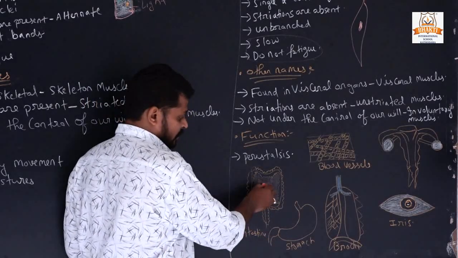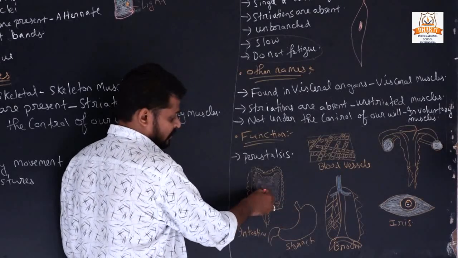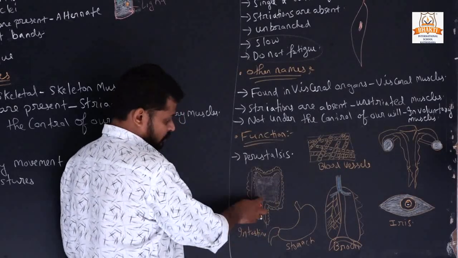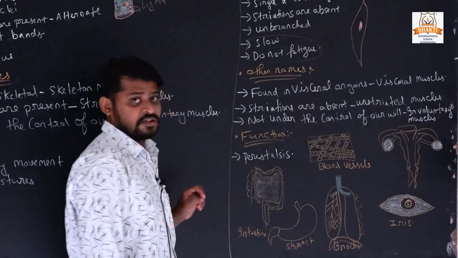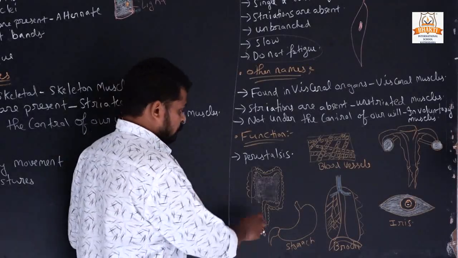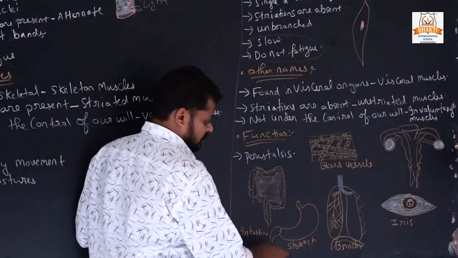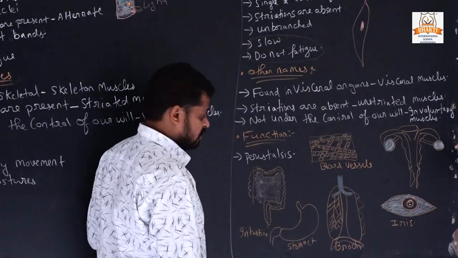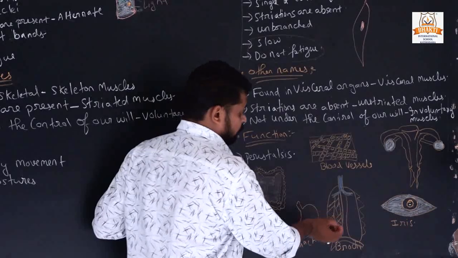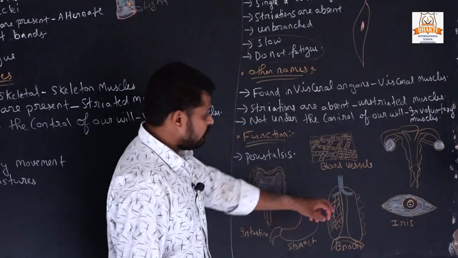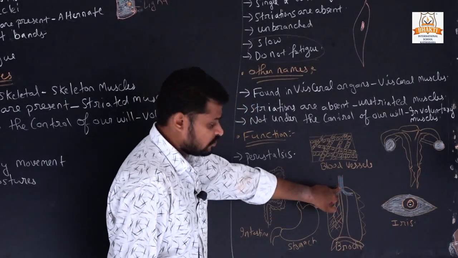So this is the large intestine, and this pink portion is our small intestine. So here smooth muscles are present. In the stomach also smooth muscles are present. Bronchi. What are bronchi? If you see, this is our esophagus.